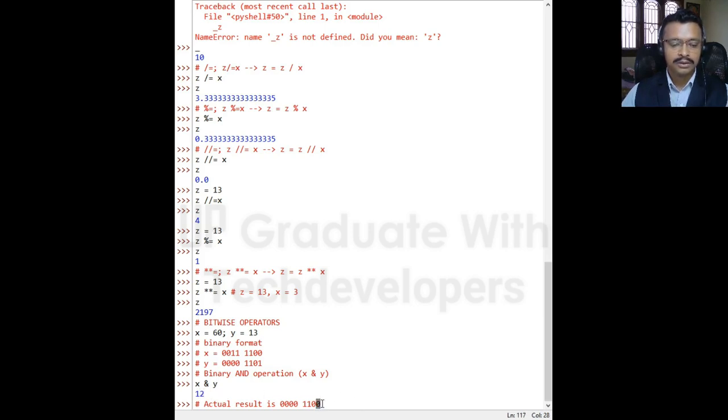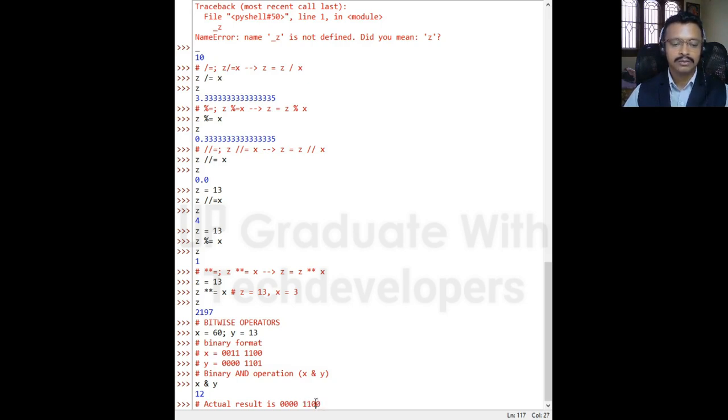Binary equivalent, from right to left: 0 into 2 to the power of 0 is nothing but 0, plus 0 into 2 to the power of 1, again 0, plus 1 into 2 to the power of 2, plus 1 into 2 to the power of 3.